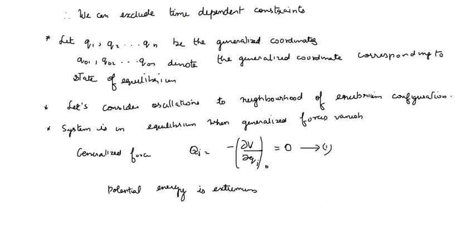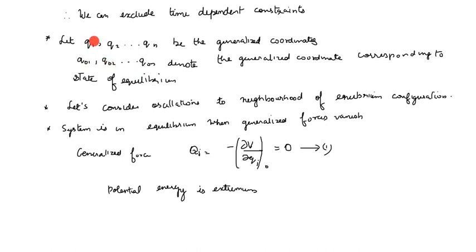Let the generalized coordinates be denoted by q1, q2, q3, etc., qn. When the system is in equilibrium condition, the generalized coordinates of the system we can denote by q01, q02, q0n.